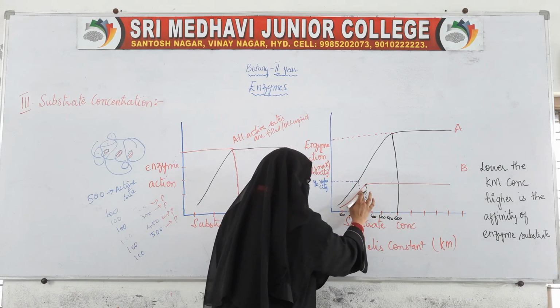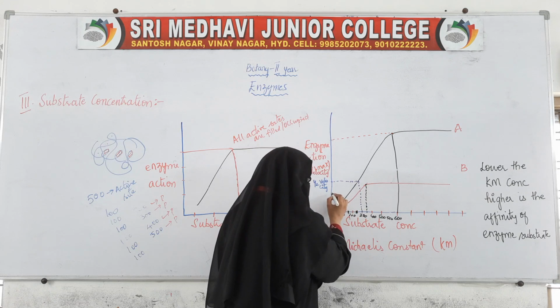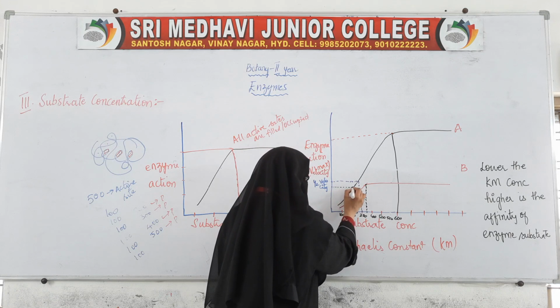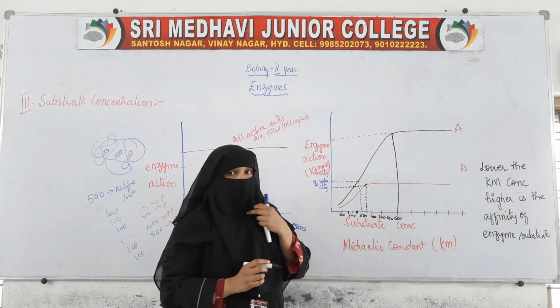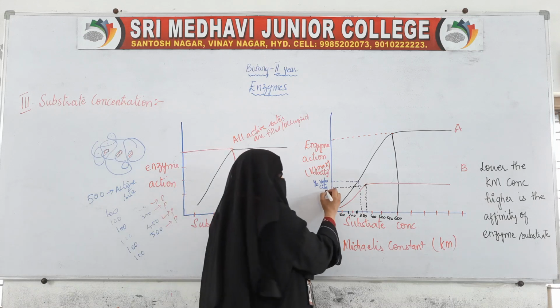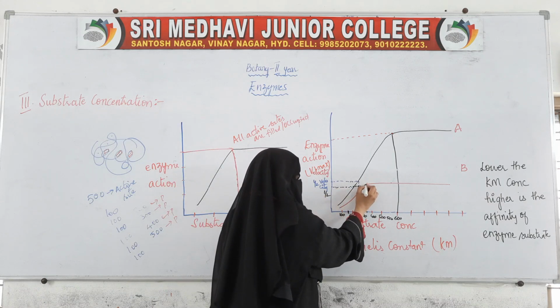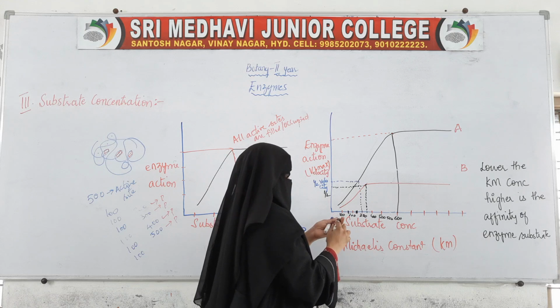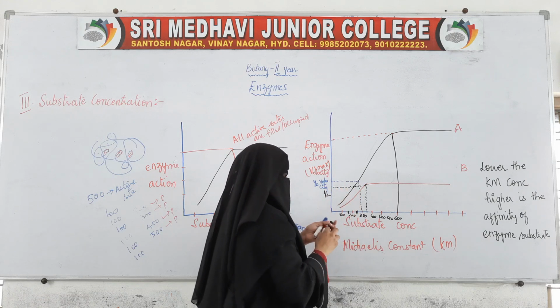At 175 will be your half. That is the Michaelis constant for this one, the half velocity. This is the full velocity.